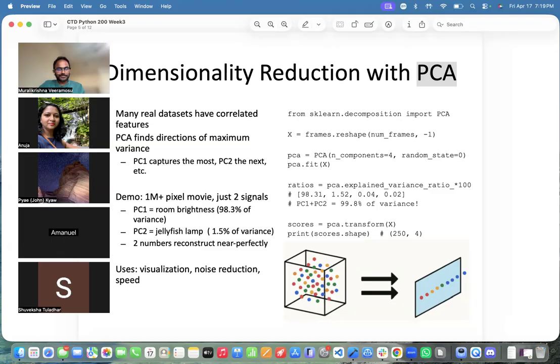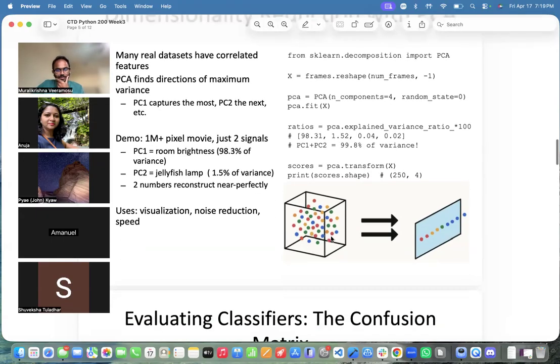We are reducing the number of features from 100 or 1000 to 2 features without having an impact on the prediction, right? So you can see over here, there are so many features and we converted them to a smaller number of features.